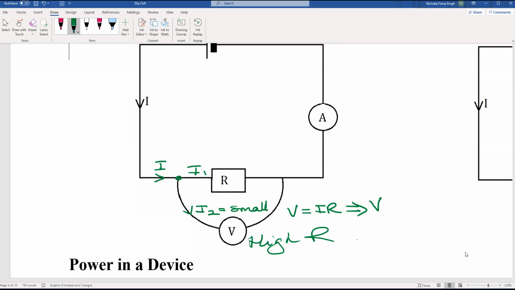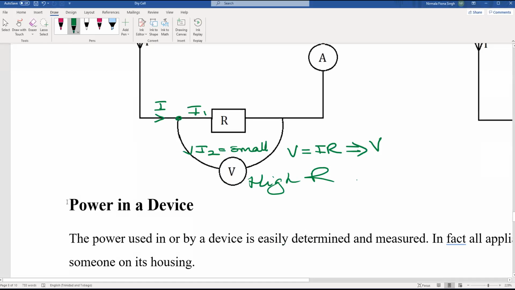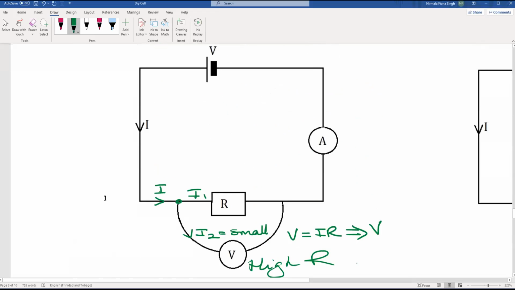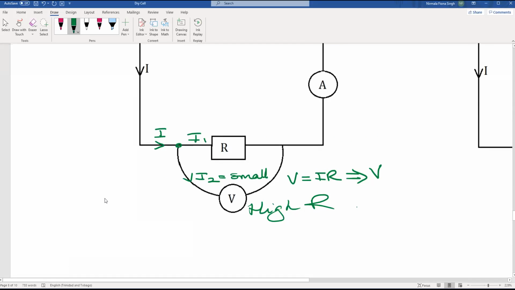So let's just look at an example. Suppose the voltage in my circuit is equal to 10 volts. The resistor of my voltmeter is 20,000 ohms.